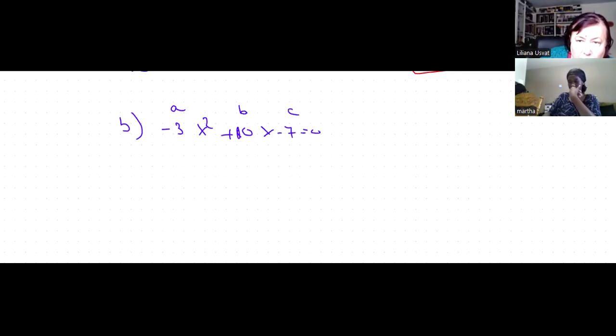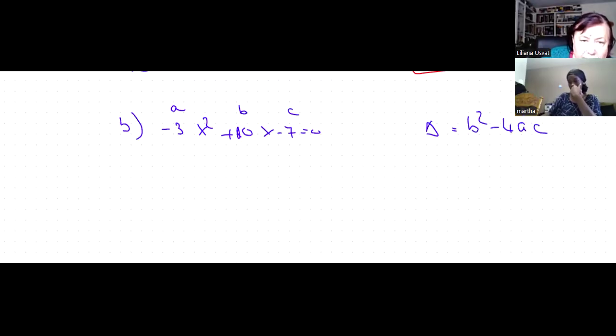So for point B, minus 3x squared plus 10x minus 7 equals 0. So this is A, this is B, and this is C. Discriminant, it's B squared minus 4AC.